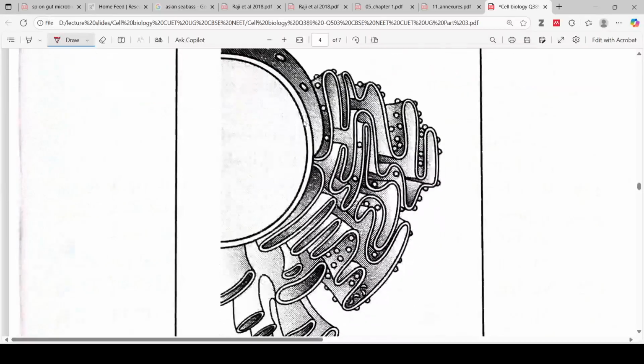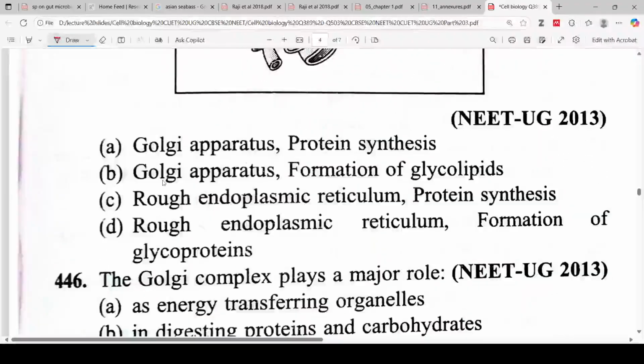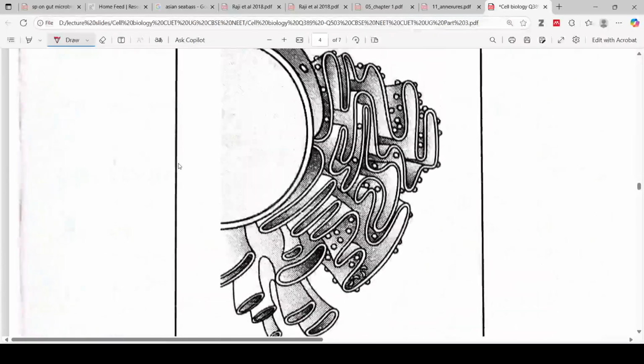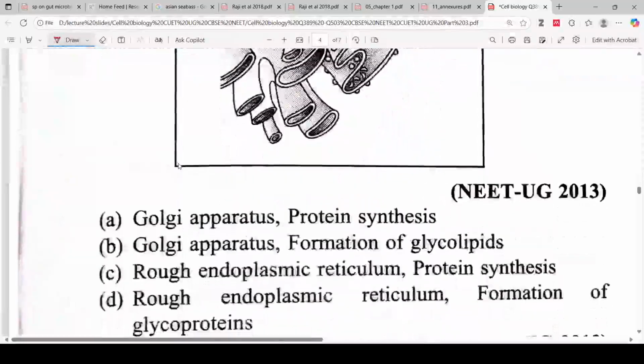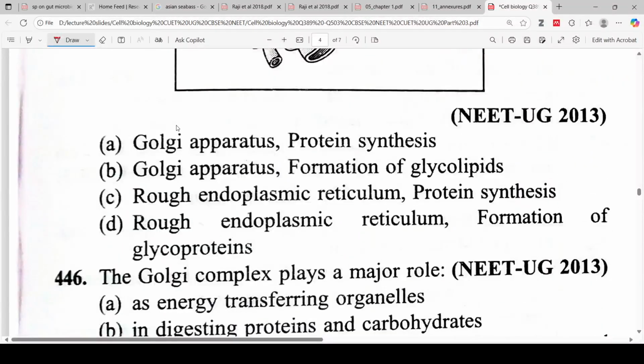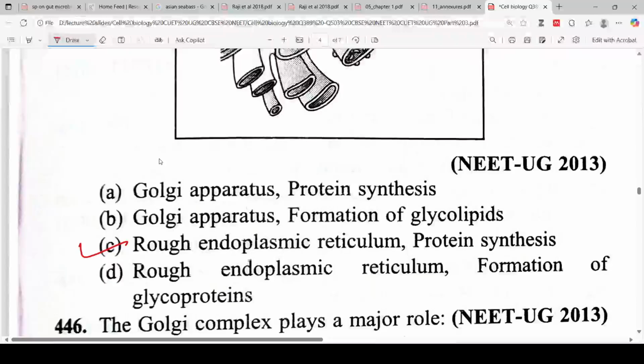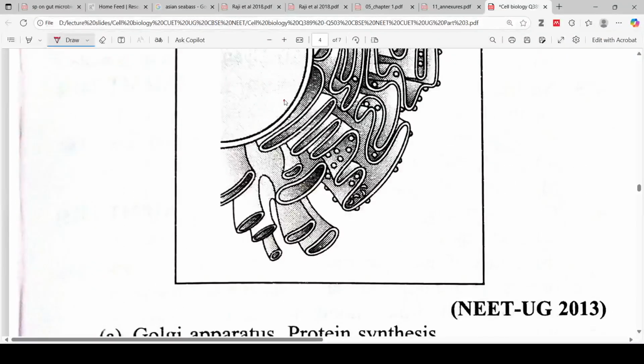So next question, the correct answer will be option C, because this is endoplasmic reticulum and these are the ribosomes, and all ribosomes are associated with protein synthesis.